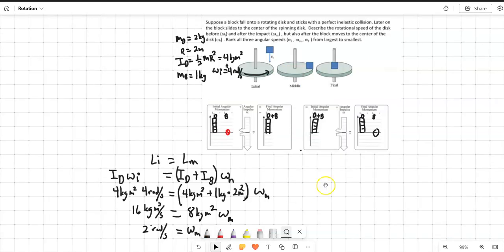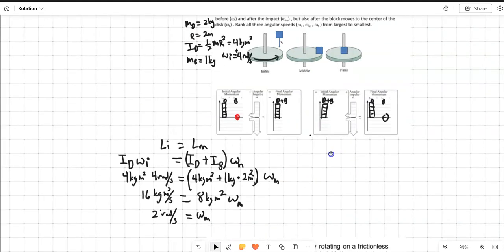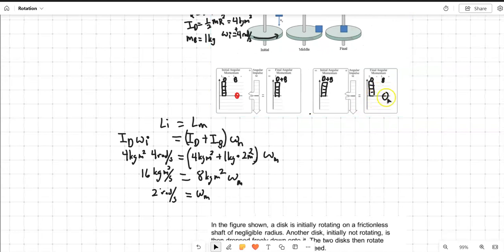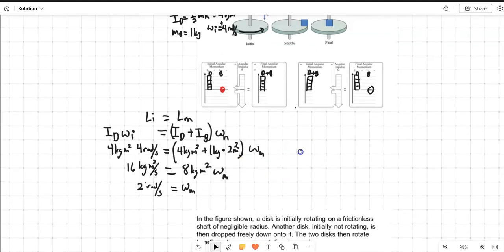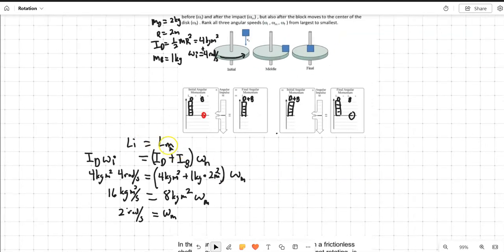Okay? So when it slides to that exact center, that block is not going to have any angular momentum. But before we continue on, I did make a little mistake earlier. I should have referred to this middle case not as L final, omega final, and such.